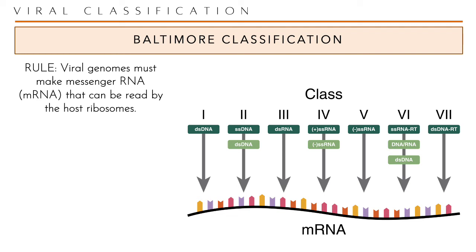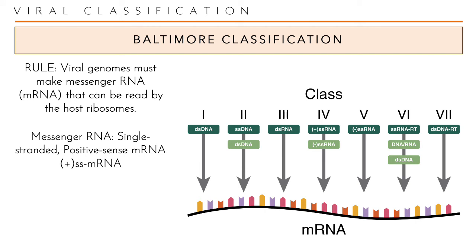And each virus, whatever nucleic acid it could have, dsDNA, ssDNA, negative ssRNA, its replication should lead to mRNA. And when we say mRNA, we're talking about a single-stranded, positive sense messenger RNA, okay? Plus ssmRNA. That's your end product. That's what you have to remember.